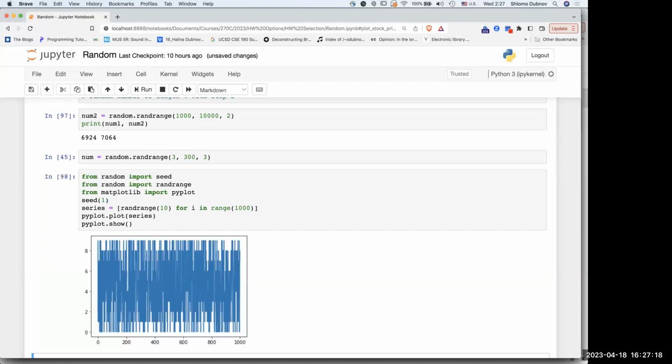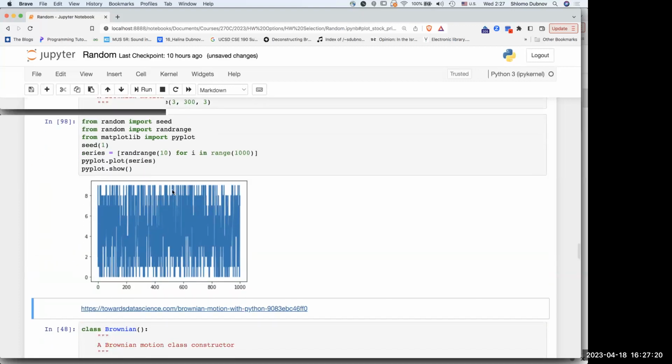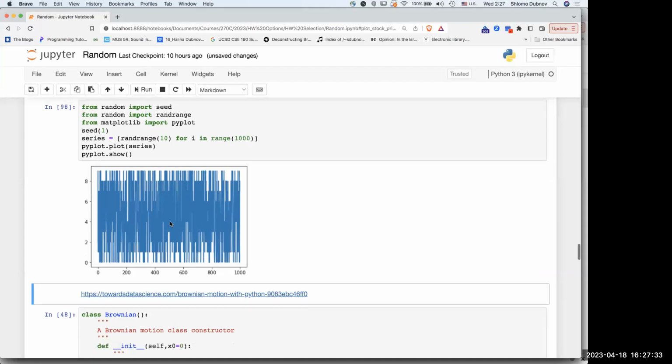So this is one way to create a sequence of independent random samples, where you can set the range of values here from 0 to 9.